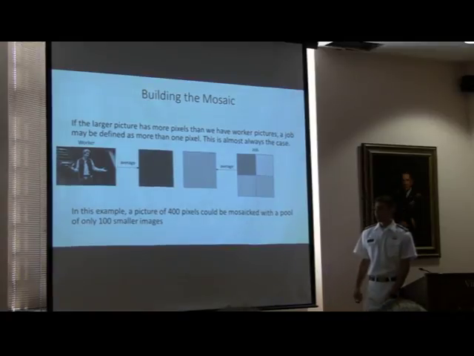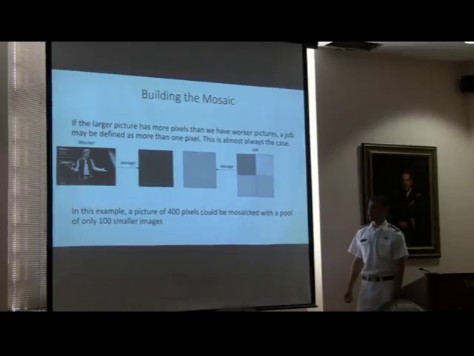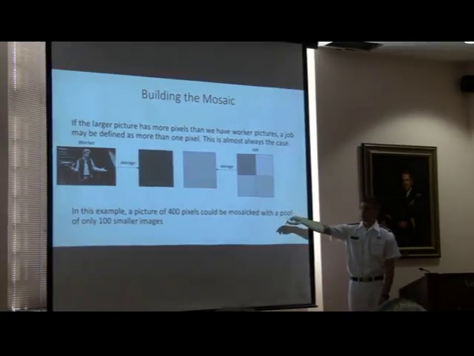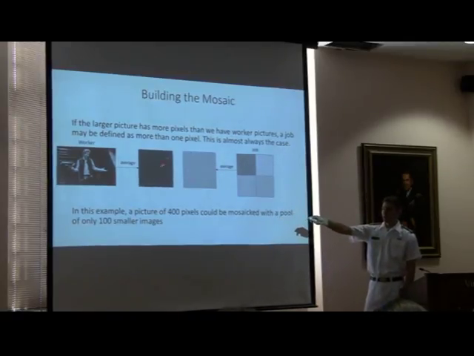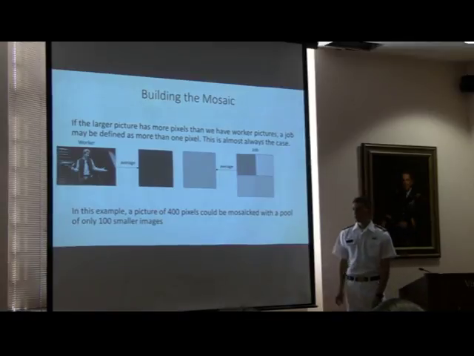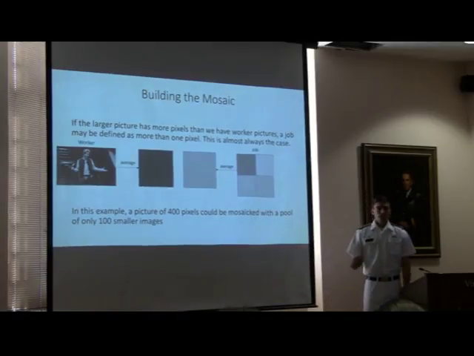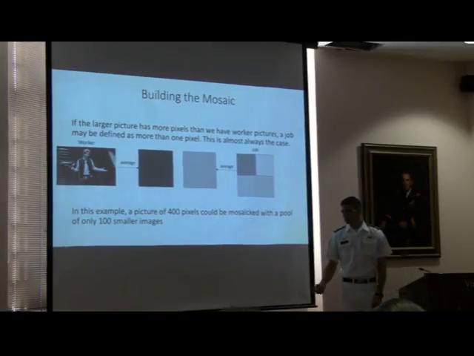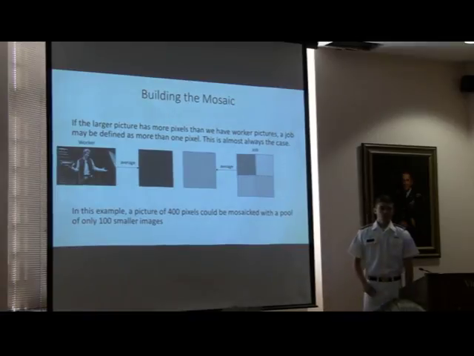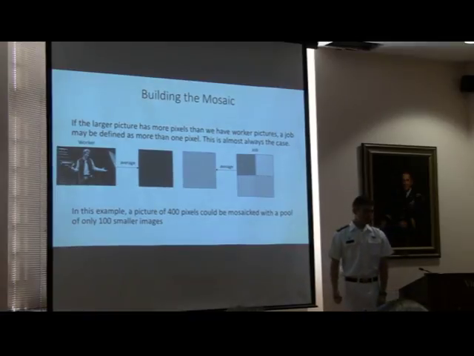So to work with that, we just take 4 pixels at a time from the large picture, average it just like we did with the smaller images, and compare it to the smaller image. So an example of this would be if we had a picture of 400 pixels, we could mosaic it with only 100 smaller images. We don't need 400.